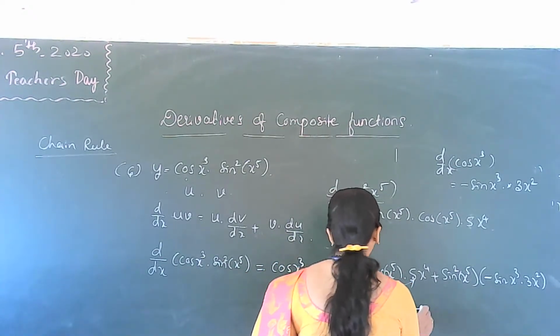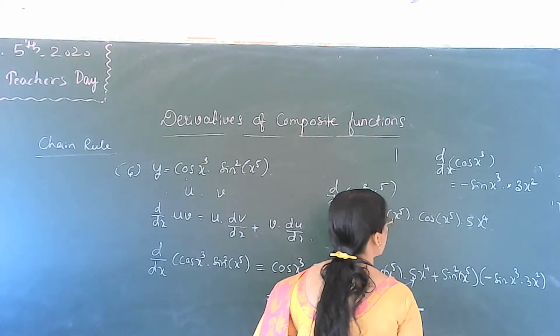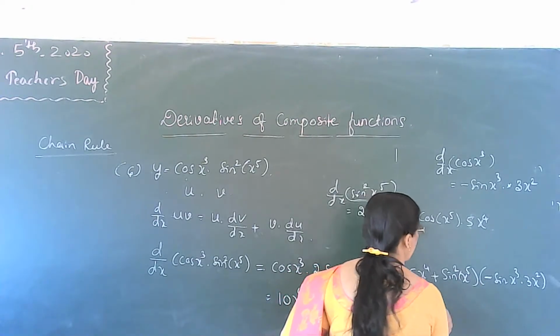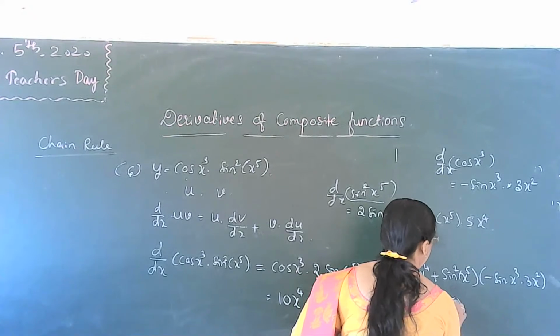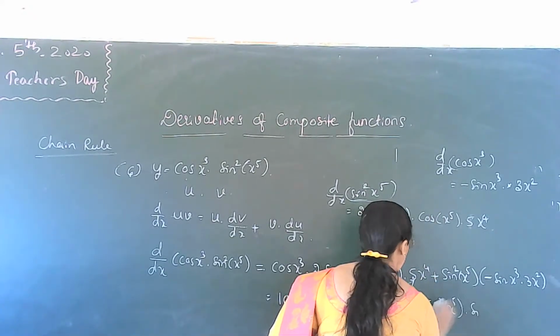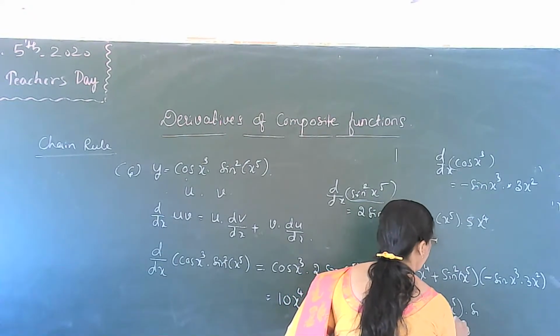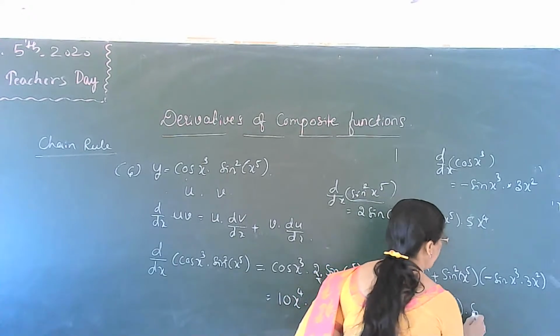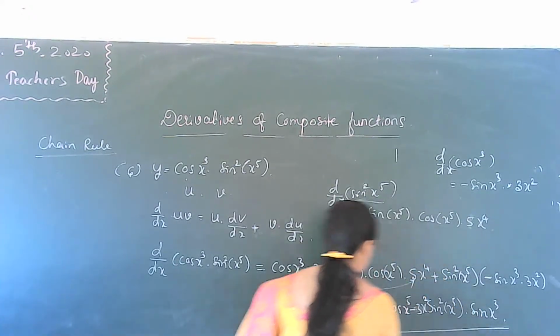Minus, plus into minus: sin square x to the power 5 into here also 3x square, sin square x to the power 5 into sin of x cube.